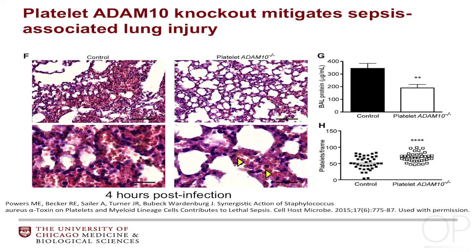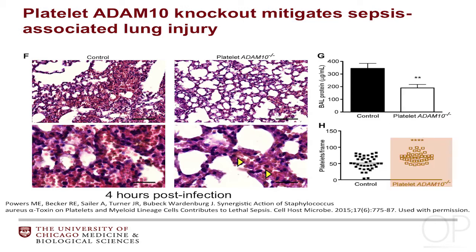However, if you look in the right-hand side of that panel, platelet ADAM10 knockout mice are highly protected from this type of injury, suggesting that their platelet function remains nicely intact even in the face of a septic challenge with the alpha-toxin. And this corresponds, as you can see in the upper right-hand panel, to a decrease in the bronchoalveolar lavage protein in the platelet ADAM10 knockout mice, suggesting that they're protected against lung injury.